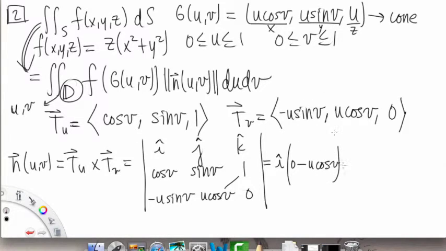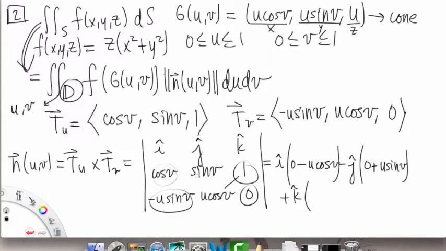Alright, now we have minus j times what? 0 again, multiplying these outer ones here, and then minus the product of this one and this one, which is a negative, so that'll turn into positive, u sine v. And our last component, that's going to be the longest, so k hat is going to be the product of these two, so u cosine squared v, minus the product of these two, which is a minus, so that'll turn into plus, u sine squared v.